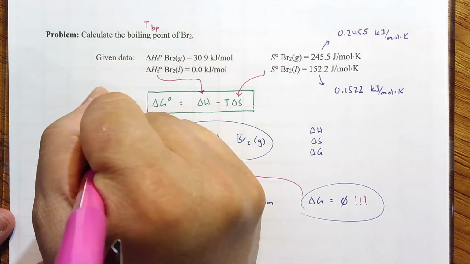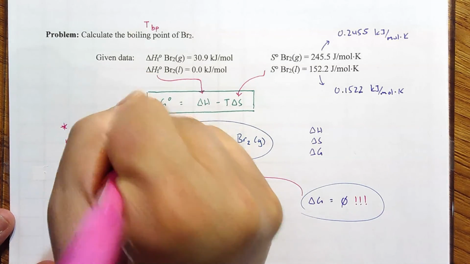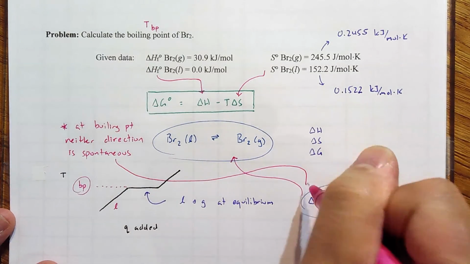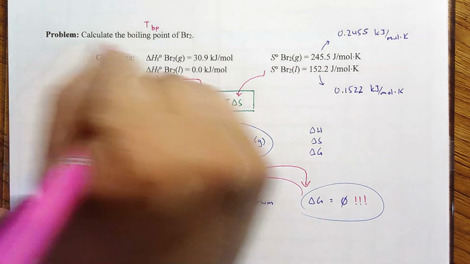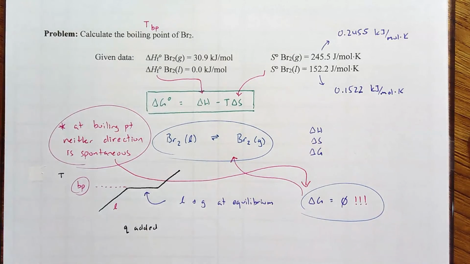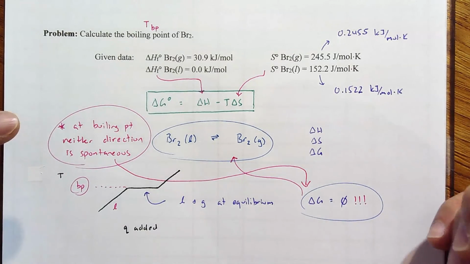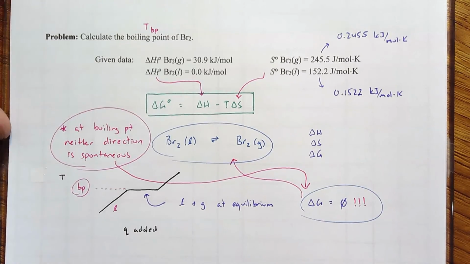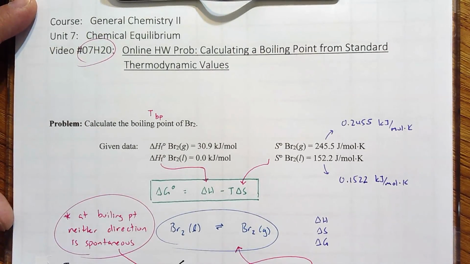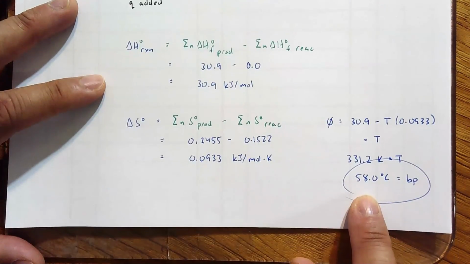They are at equilibrium, which means that delta G equals 0. So there's, I guess, the main key to solving this problem. Final answer, 58 degrees Celsius.